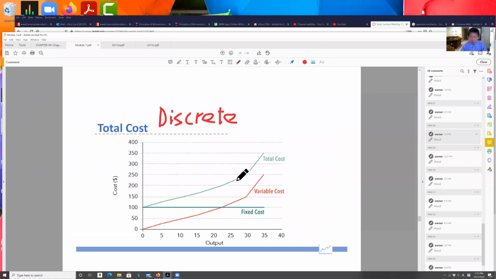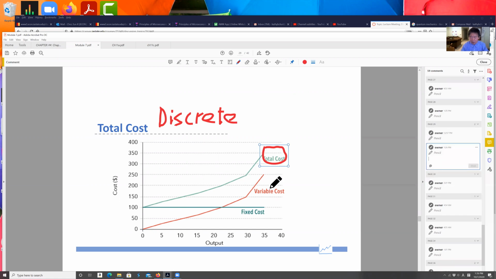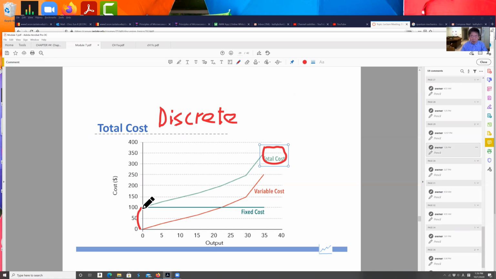So here's the variable cost, and here is the constant or fixed cost. And if you add these two vertically, then total cost function is simply a shift of variable cost. Okay, it's a vertical shift by the amount of fixed cost, $100, okay? Because rent has to be paid no matter what.